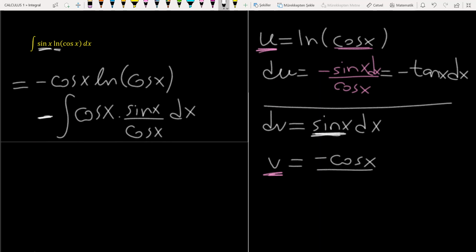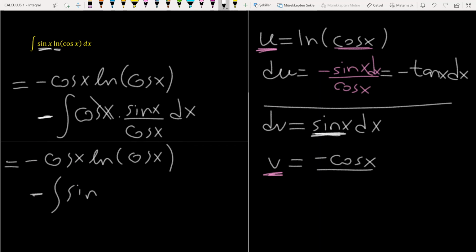This is v du, and this integral is equal to minus cosine x ln cosine x minus, you cancel these two terms, sine x dx. If you wish, you may consider this minus here.